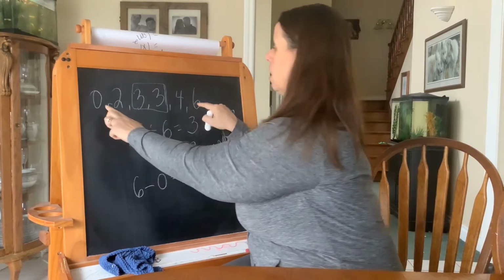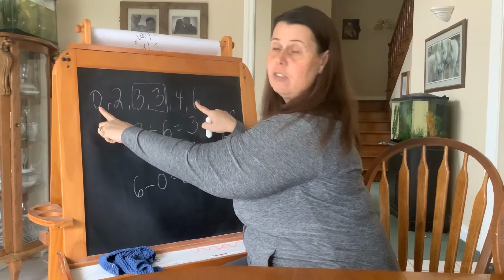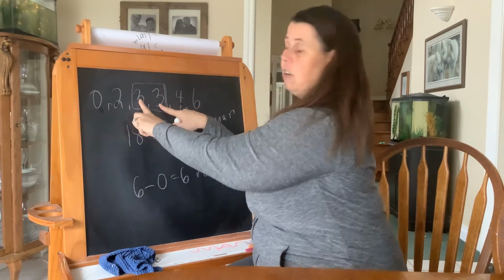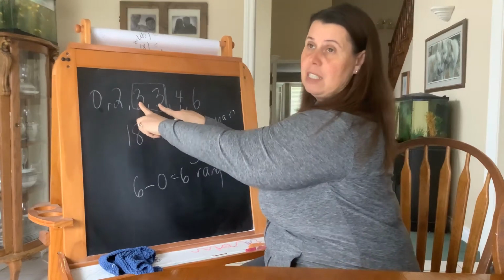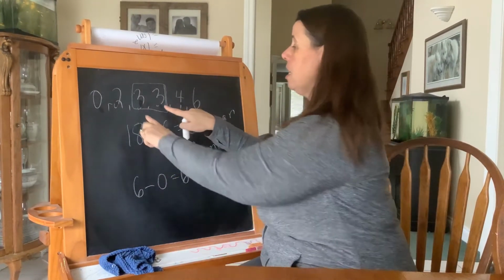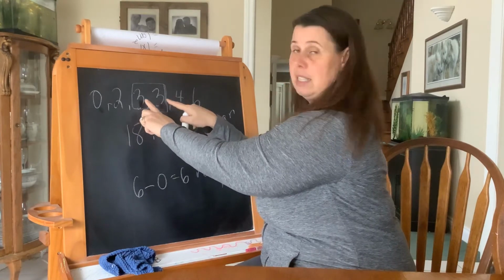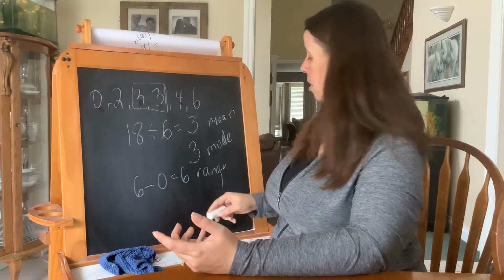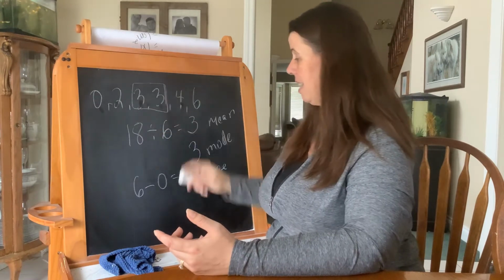So you take your fingers on either end of your data and you walk in, and you walk in. Now if there's an odd number of pieces of data, there will be only one number. If there's an even number of pieces of data, there's going to be 2 numbers. In this case, it's super easy because the number is the same.